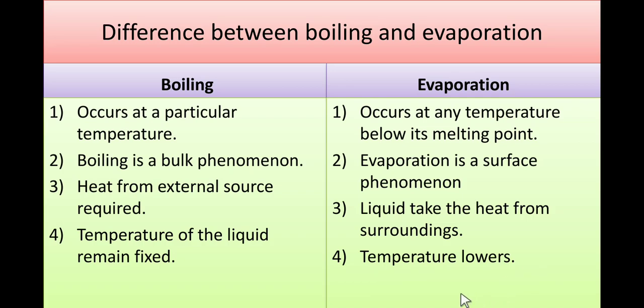The vapors take away latent heat from the liquid itself, and the liquid gets lower in temperature. So these are the differences between boiling and evaporation. Now you understand the topic discussed over here.